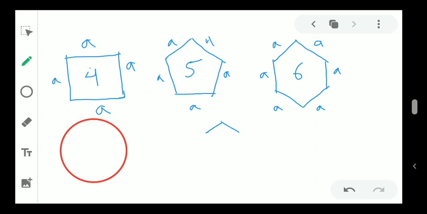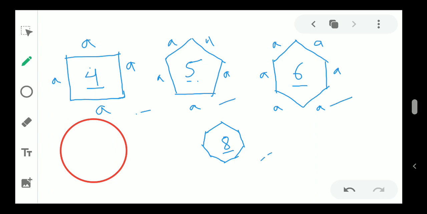So you can see that this octagon is looking a little bit like a circle. So when we increase the number of sides that a polygon can have, it becomes like a circle.